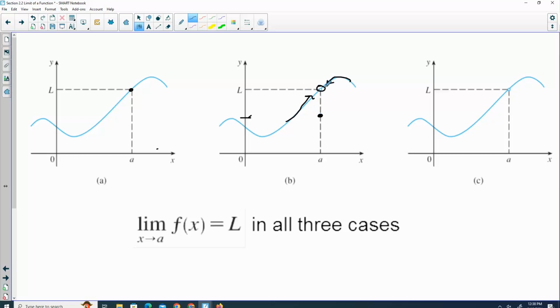So this graph, my point is not on here, but it doesn't matter. Same thing, even if I just had an open circle. That means a isn't even a part of the domain of this graph. There is no actual y value when x is equal to a. But these all have the same limit. So the limit does not care what happens at the point, just as we are approaching the point.